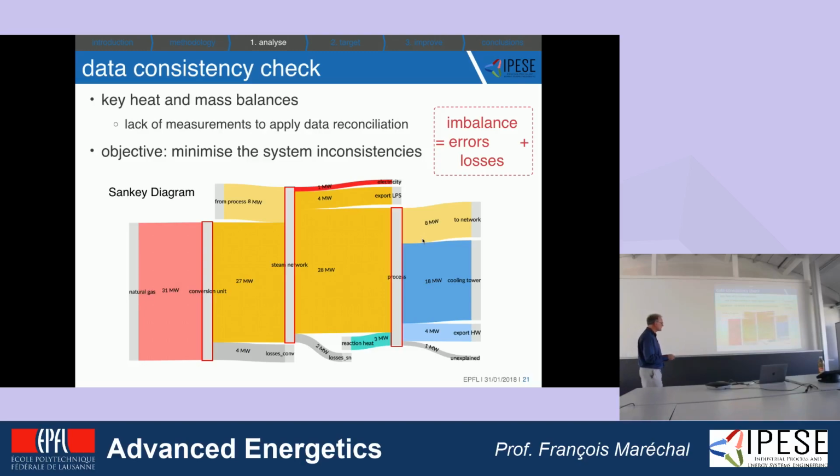Okay, so it means that if we identify this kind of unexplained part here, it means that perhaps something is missing in our analysis. There is perhaps a leakage somewhere, it's possible, or I have forgotten something. Okay, and of course, as all those values are coming from measurements, they are prone to errors as well.